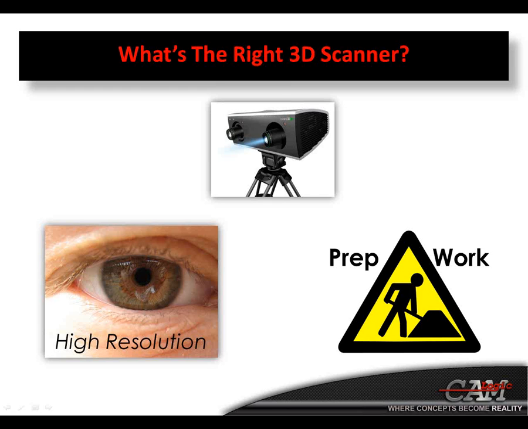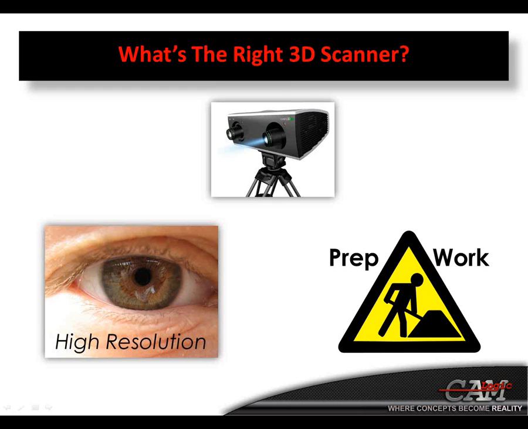Unfortunately, though, these scanners are generally not as small or as portable as some of the other technologies. They are more sensitive to surface finish, so you are going to have some prep work up front. You're going to need to be spraying some white powder or some white paint on parts, generally speaking, and they may require some specific lighting.